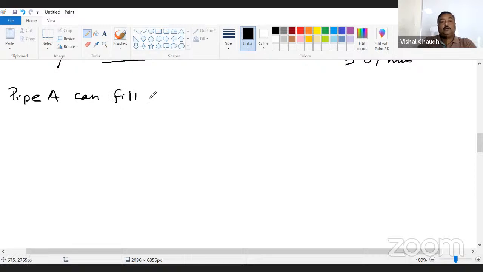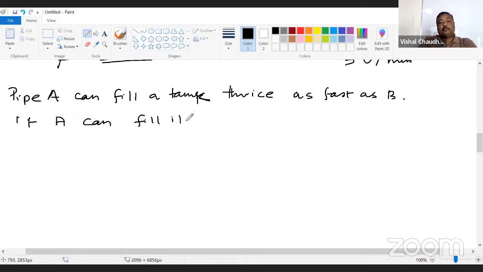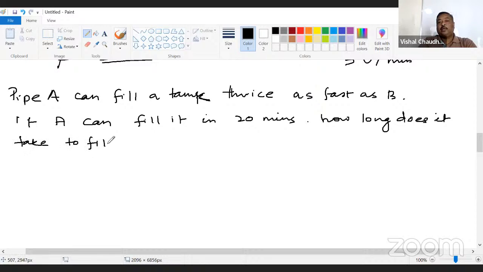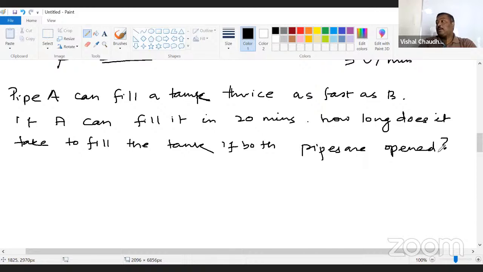Pipe A can fill a tank thrice as fast as B. If A can fill it in 20 minutes, how long does it take to fill the tank if both pipes are open? Attempt कीजिए please.